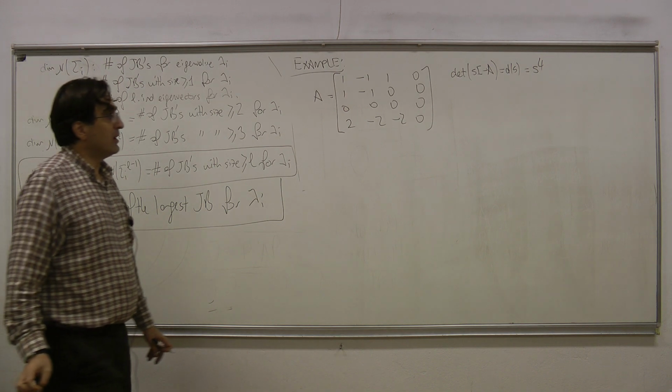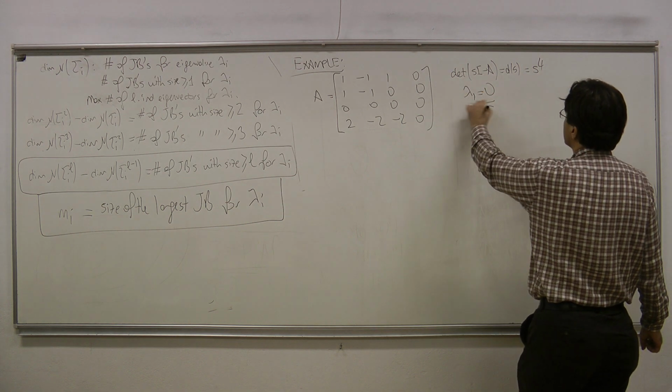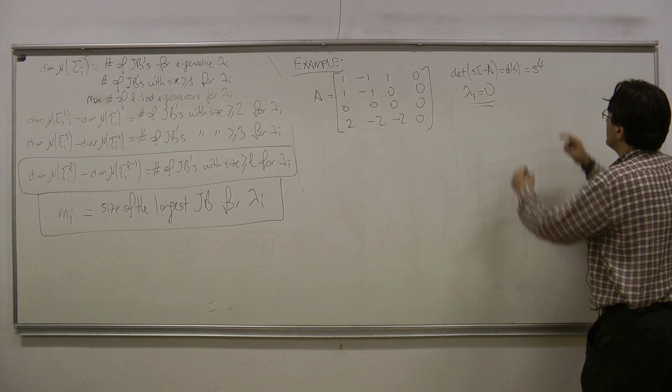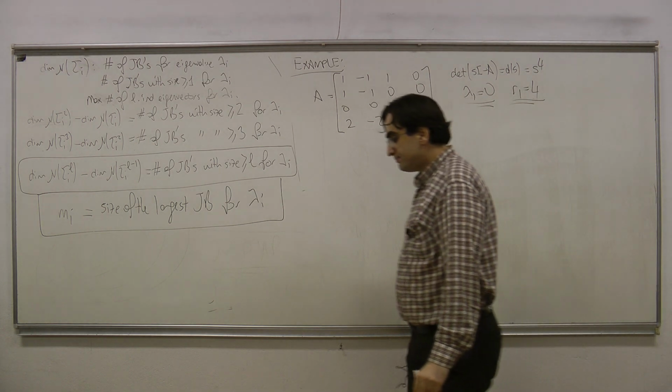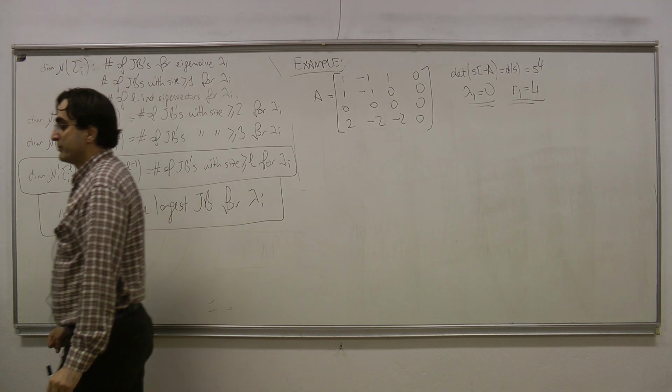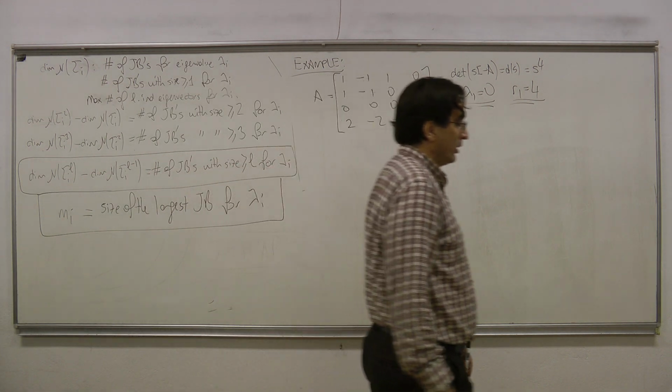Now what are the eigenvalues? I know that the only eigenvalue is λ1 equal to 0, and r1 is equal to 4. The power of the eigenvalue in the characteristic polynomial is 4.